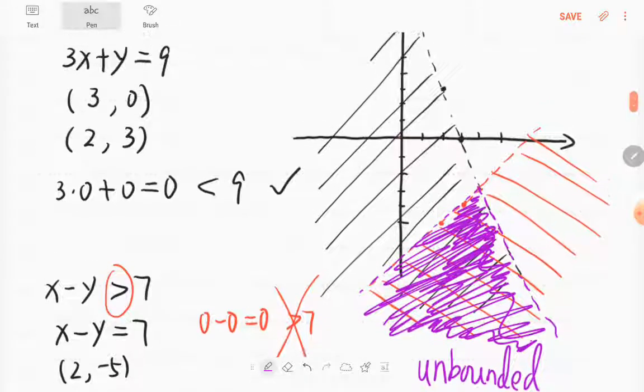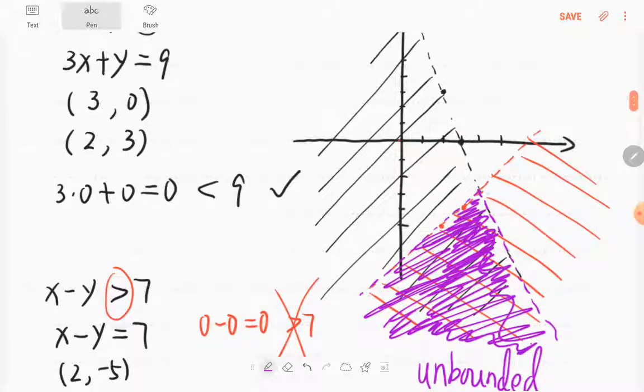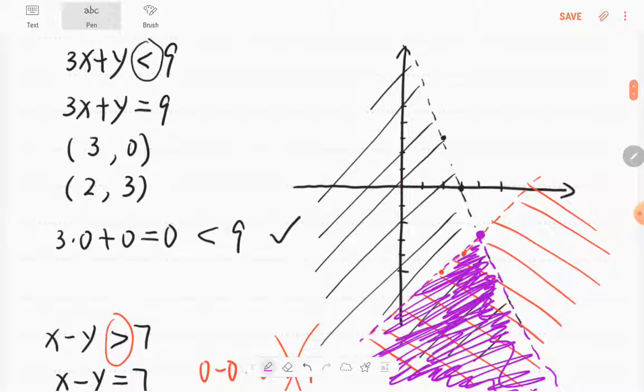Oh, I forgot, here is a point which is the intersection point. What is this point from? We will learn this later in the next section. This point is from the intersection of 2 lines: 3x plus y equals 9 and x minus y equals 7.